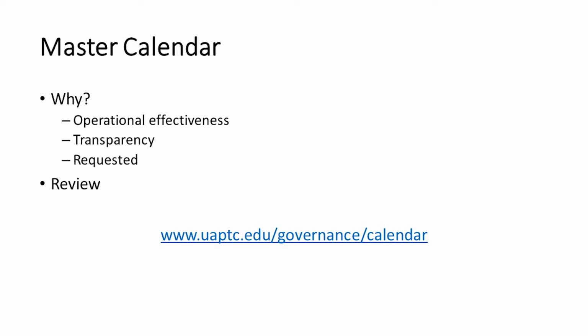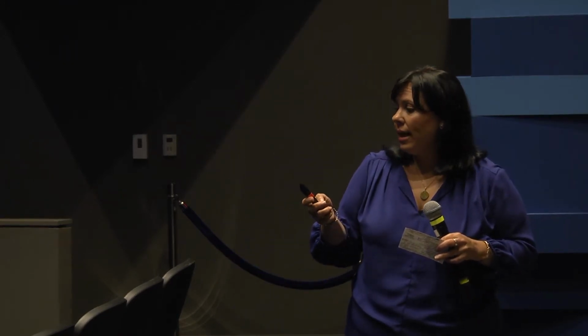So, why did we create a master calendar? We created it for operational effectiveness, transparency, and because, quite frankly, it's been requested for years from both faculty and staff. So we moved forward with that and created this.